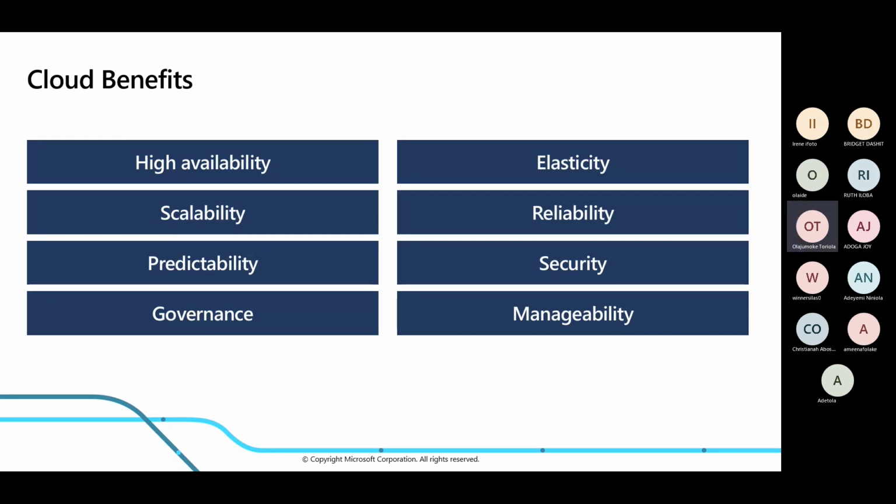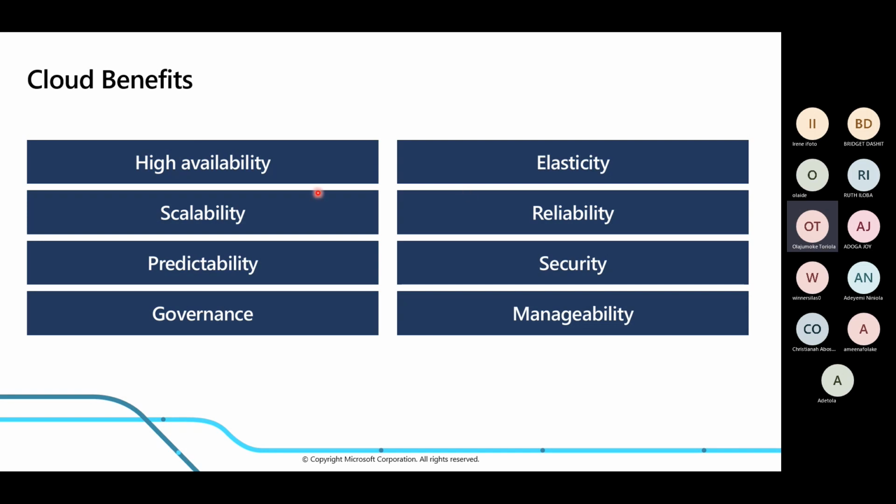There are two types of scalability. You have vertical scaling. With vertical scaling, if you are developing an app, like I made an example, and you need more processing power, you can vertically scale up to add more CPUs or RAM to the virtual machine.